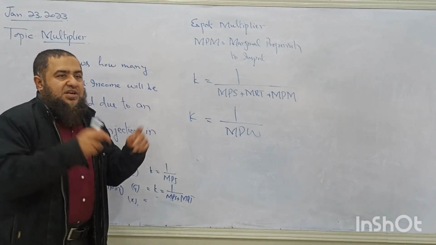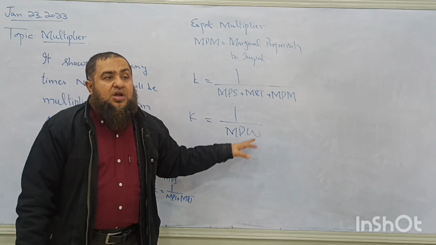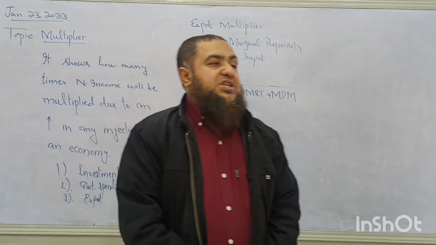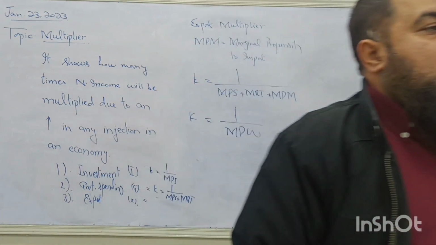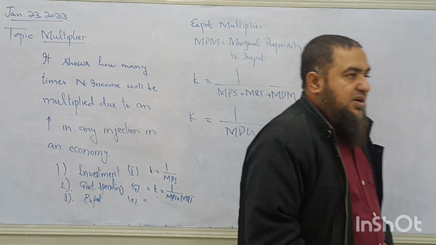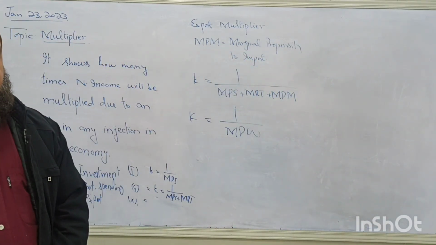So in any sector of the economy, the multiplier depends upon the value of withdrawal. If the value of withdrawals is falling, there will be more multiplier effect to change the national income, and if withdrawal values are increasing, the multiplier value will decrease. Clear? That is about how the multiplier works in the economy.